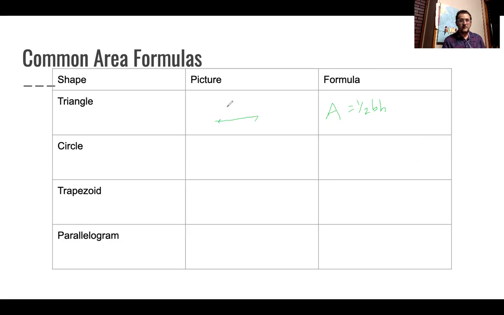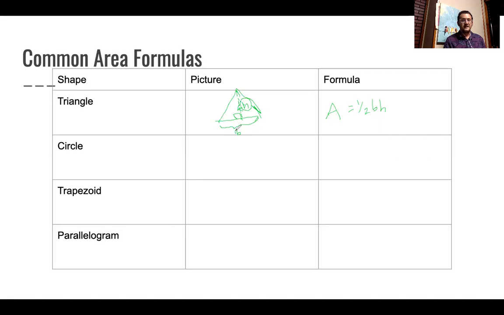So here's a triangle, and I'm just going to draw a picture here. And notice that the h is not the diagonal line, but it is the perpendicular line to the base. And this side here is what we call the base.